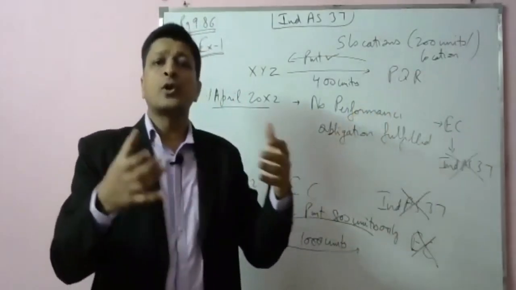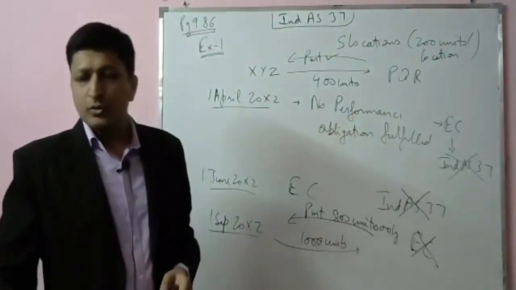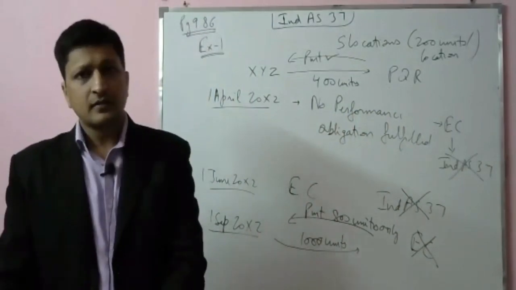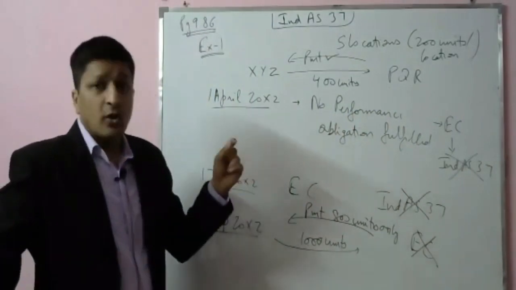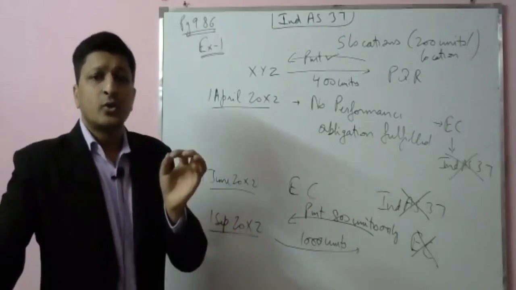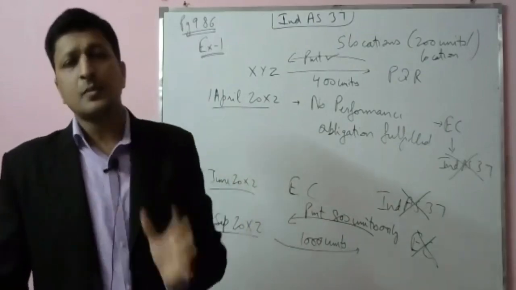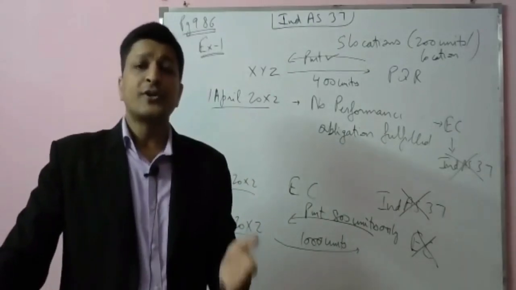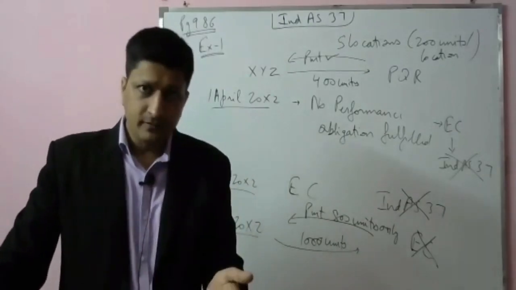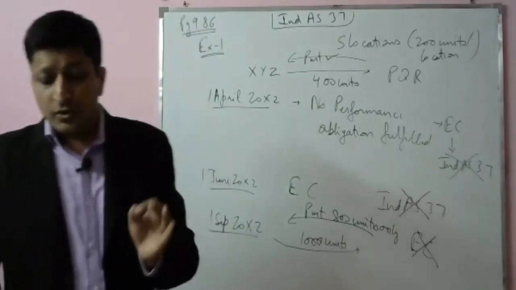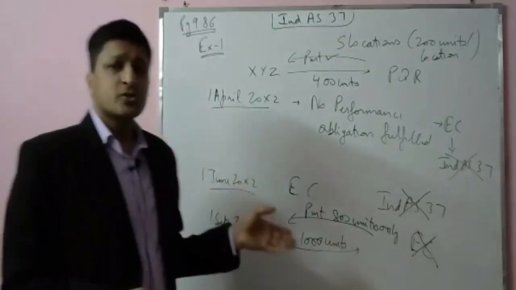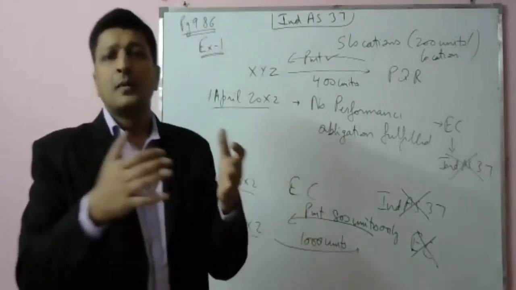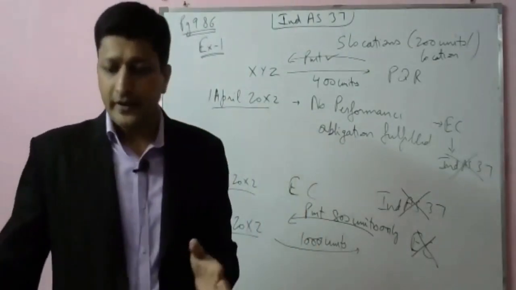PQR will have to record a liability for those 200 units, even though the payment is not made, because recognition of liability is not dependent on the payment. Correct? So this is the stage when this contract will move out of the purview of an executory contract.